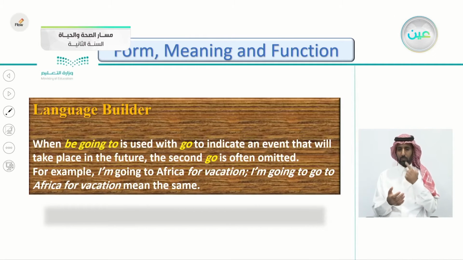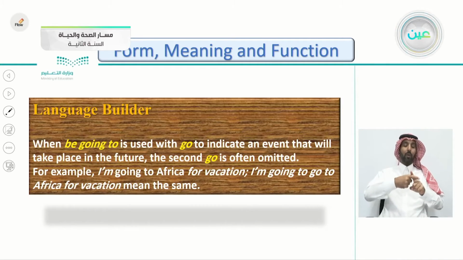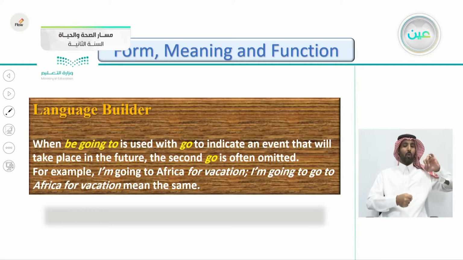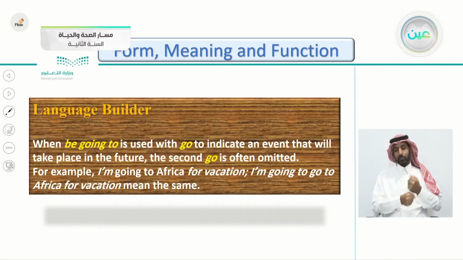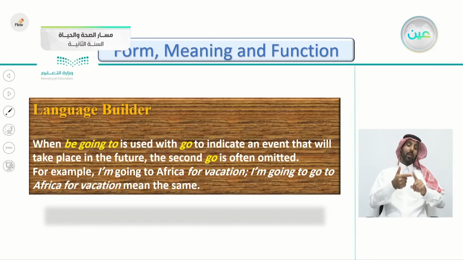Let's read it together. When be going to is used with the verb go to indicate an event that will take place in the future, the second go is often omitted. What's the meaning of omitted? It means that we don't say it, we don't write it.